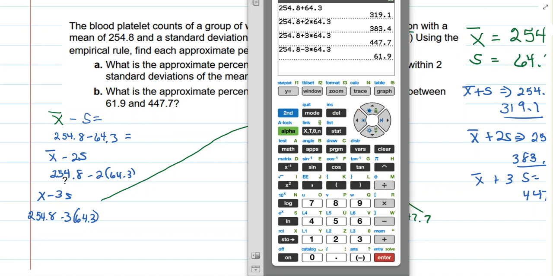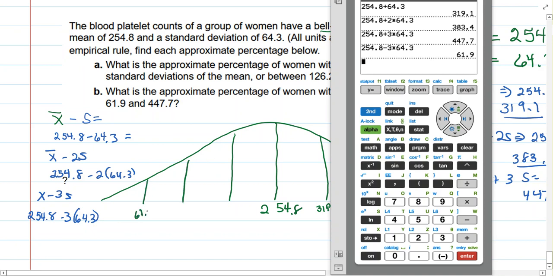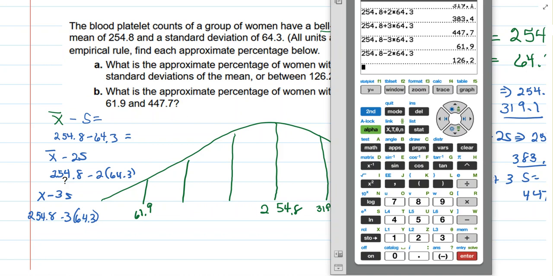And I get 190.5 for the first. Then minus 2 times that gives 126.2.